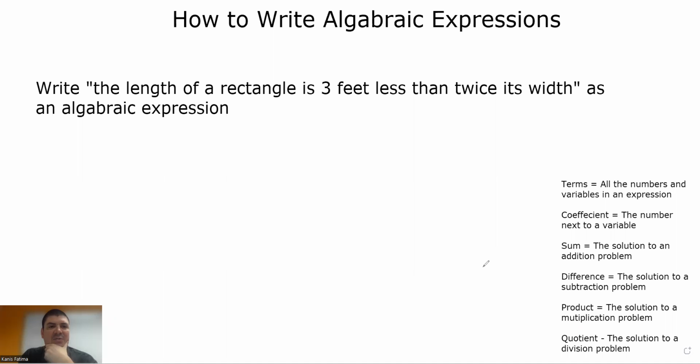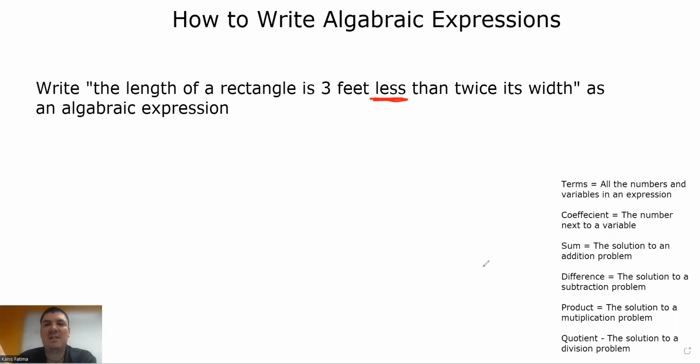Another example says, write the length of a rectangle is 3 less than twice its width as an algebraic expression. So looking at this, first I start with the length of a rectangle is 3 feet less. So I know that this is going to be a subtraction problem.